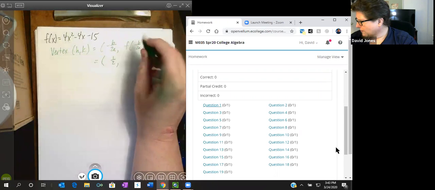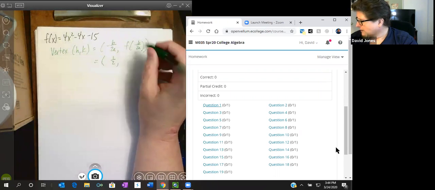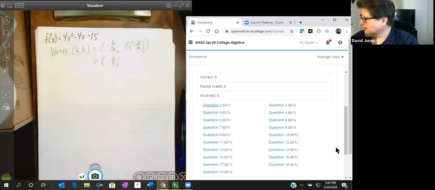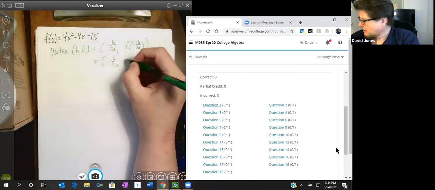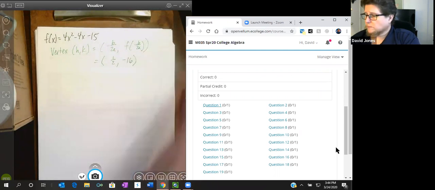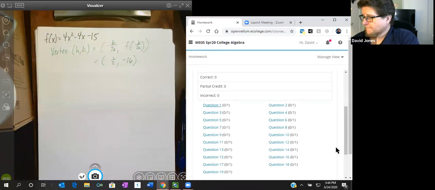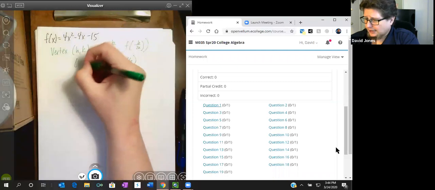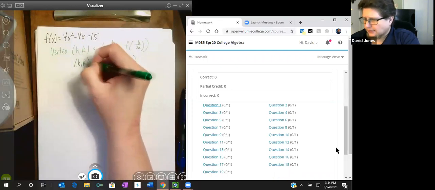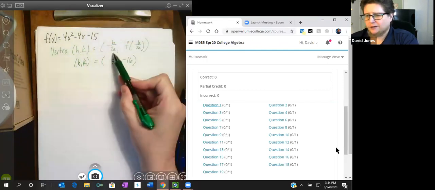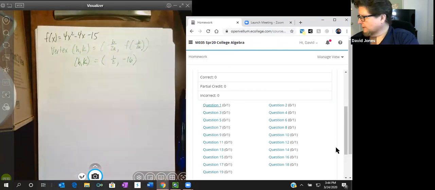And for k, what did I get? Negative 16. So that's my HK. You should be able to reproduce that using x equals negative b over 2a and plugging it in.